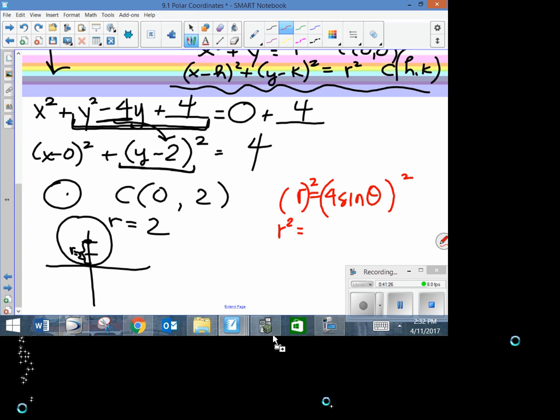What's 4 sine theta squared? 16 sine squared theta. Okay, this could be taken care of. But what in the world are we going to do with that? So this isn't a good method.